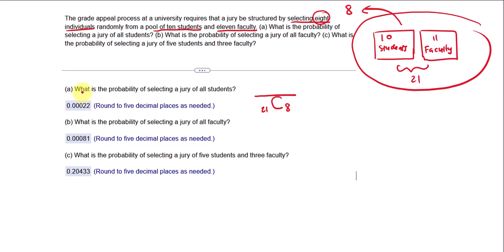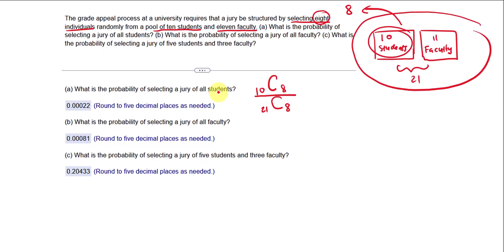And this first question is asking you what is the probability of selecting a jury of all students. That means we want to get 8 students from the list of the 10 students only, because I want to get all the students only.